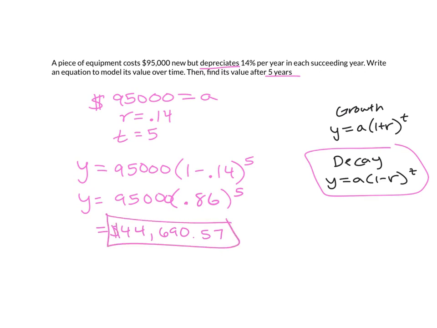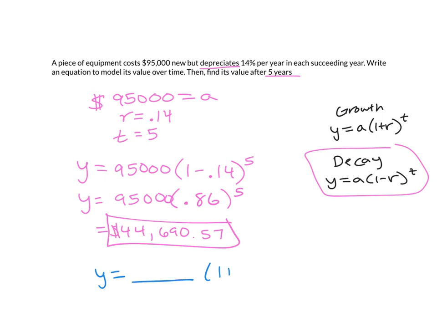Now, if we had had a growth rate, because some things gain value each year. So let's say, if I were to think about my house, a lot of times your house gains value over the years. So let's say it gains value at 2%. I would be plugging in, here would be my A value, which would be how much my house is currently worth.